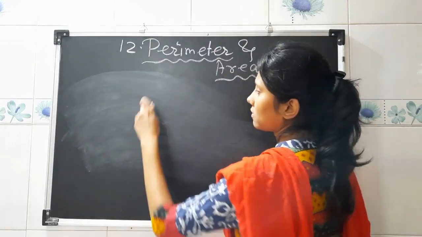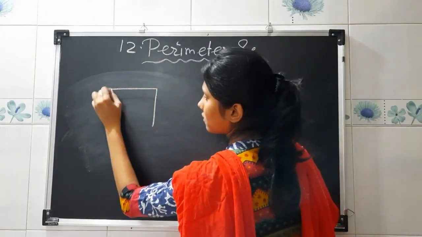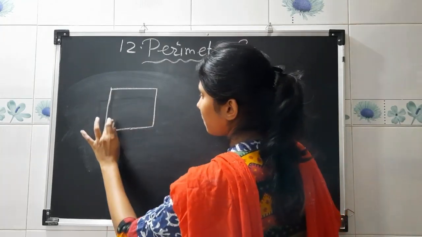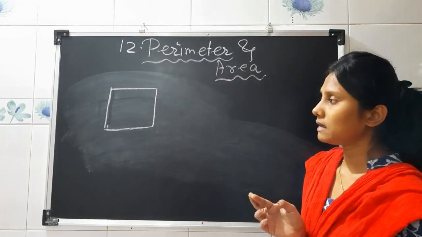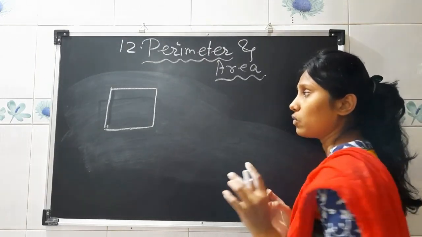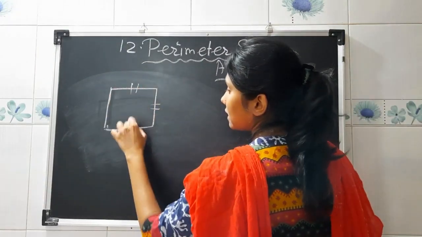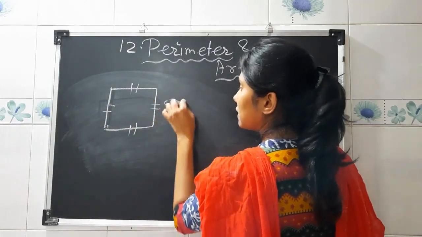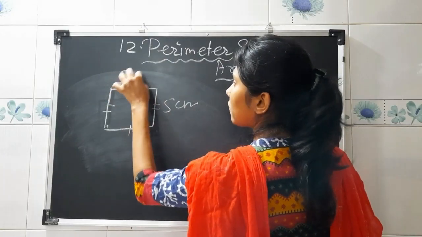Suppose we have to find out the perimeter of a square. Now a square is the quadrilateral which has all the sides equal. Suppose it is 5 centimeter. All the sides are 5 centimeter.